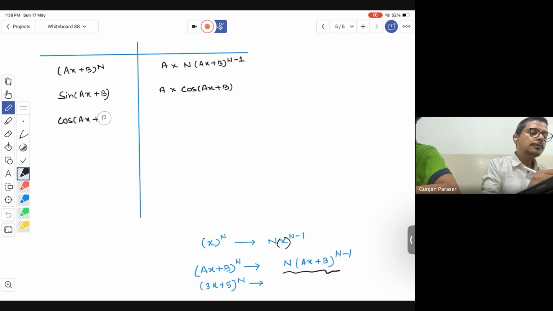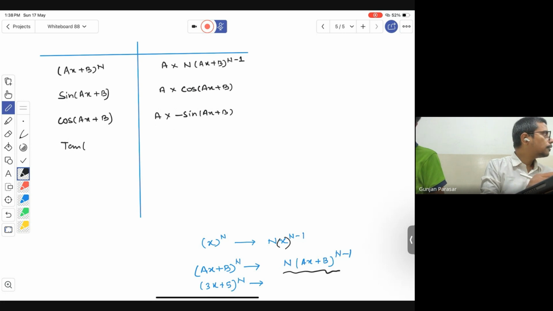Cos x becomes minus sin x. So this will become minus sin(ax + b) multiplied by a. Yeah, correct, like that. But even without that pattern, we will know by a proper method that will be discussed later on. Okay, once I complete a few more things.